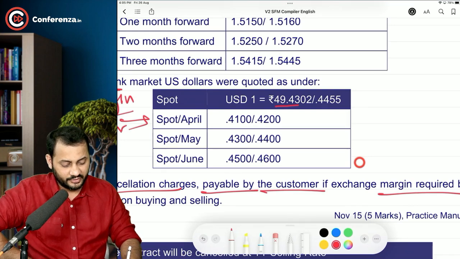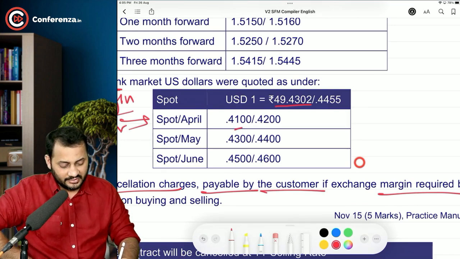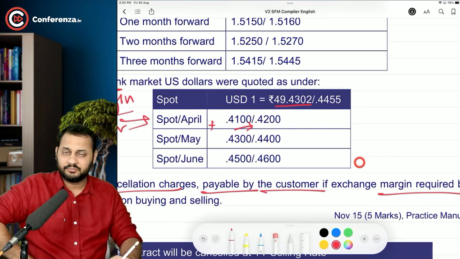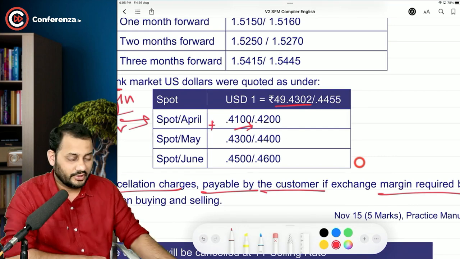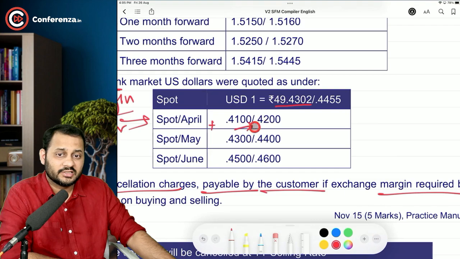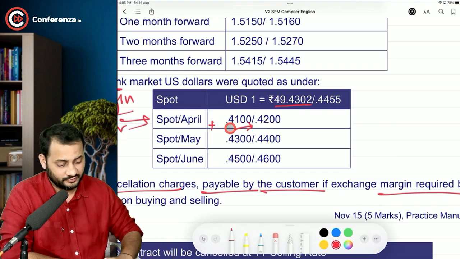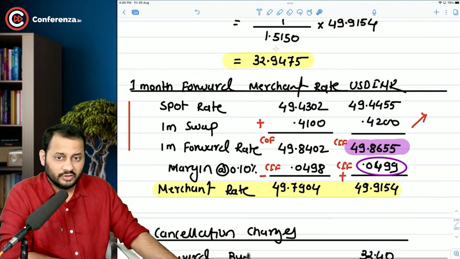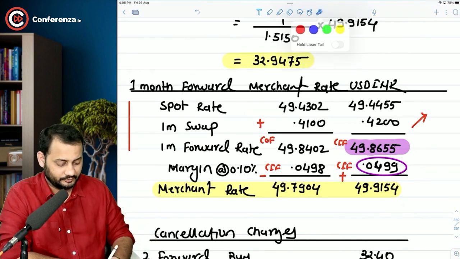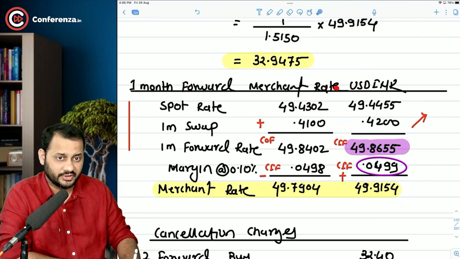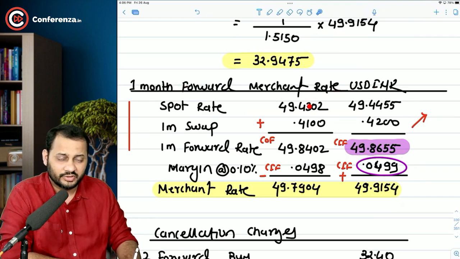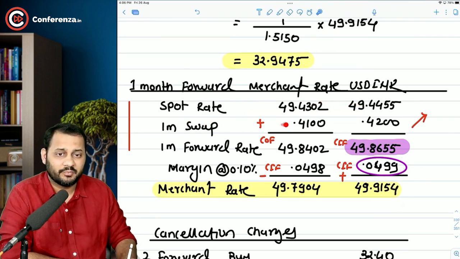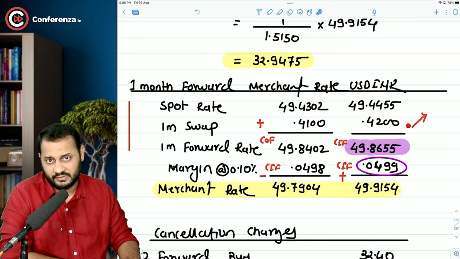This is 49.4302 and these are in ascending order, so we will add them: 49.4302 plus 0.4100. 1 month forward merchant rate for USD INR. This is the spot rate given, and 1 month swap rates are given here. We will add them because they are in ascending order.